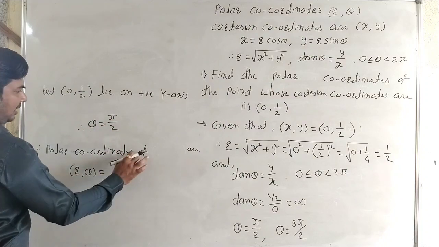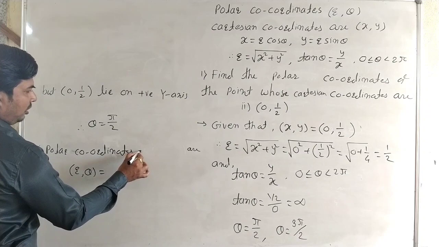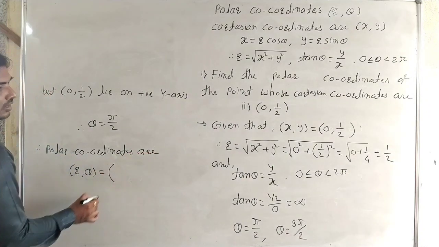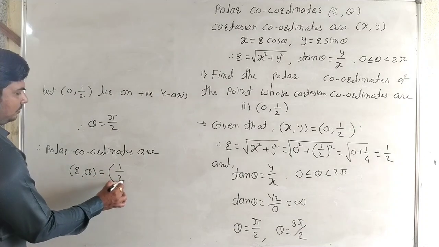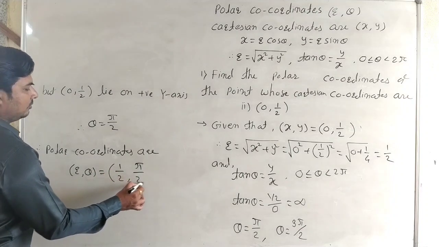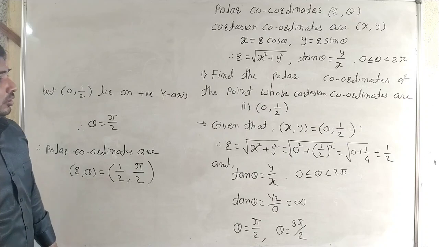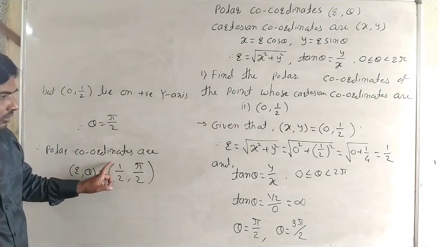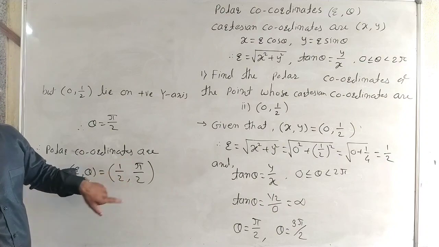Then the polar coordinates are r, which is 1 by 2, and pi by 2. So the Cartesian coordinates are 0 comma 1 by 2 and the polar coordinates are 1 by 2 comma pi by 2.